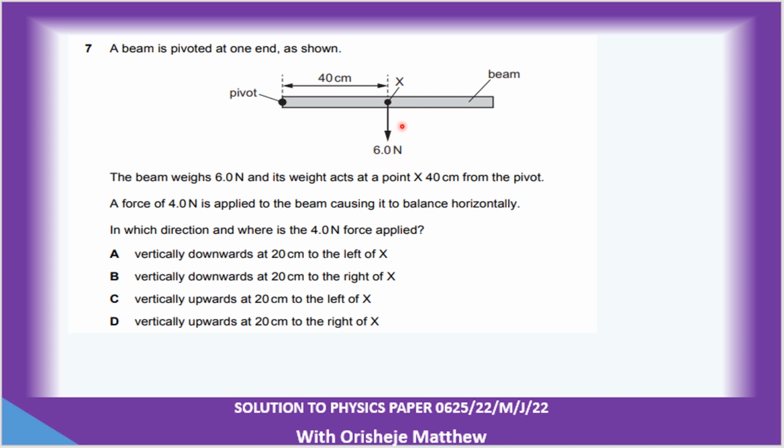So what is the clockwise moment? Clockwise moment equals anti-clockwise moment. So that will give me, let's say the distance is d for the anti-clockwise moment.